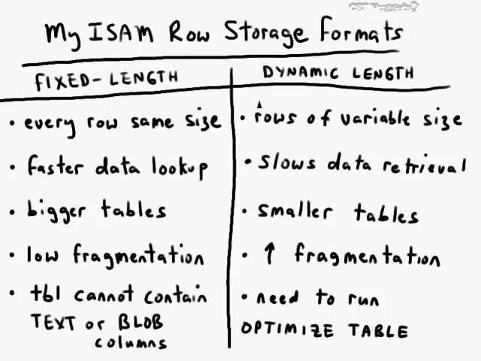Now then, the introduction. MySQL, when you're using MyISAM, will automatically choose what it thinks is the appropriate storage format for your table rows, depending upon the data types of your columns. If you have not selected any variable length columns, and by variable length, we're talking about your vars: your varchar, your varbinary, your blob, your text, your stuff that can be expanded or contracted depending upon whether or not you've got data there.